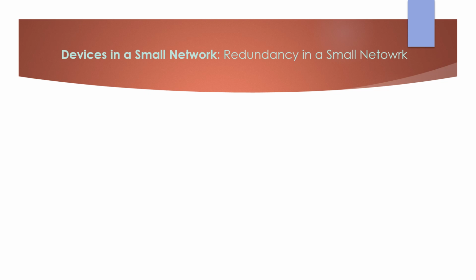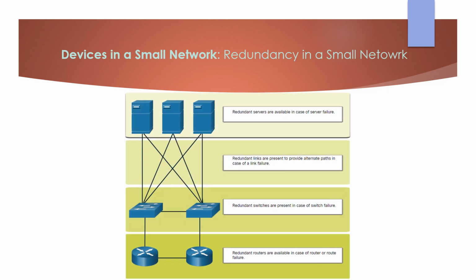There are many ways to accomplish redundancy in a network. Redundancy can be accomplished by installing duplicate equipment, but it can also be accomplished by supplying duplicate network links for critical areas. This is shown in this figure on the slide.